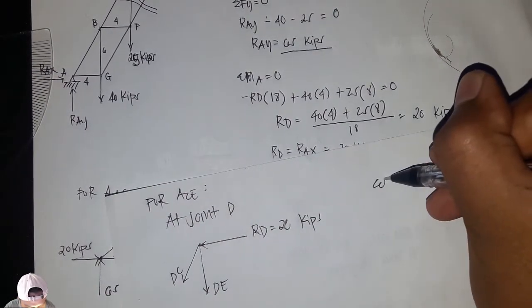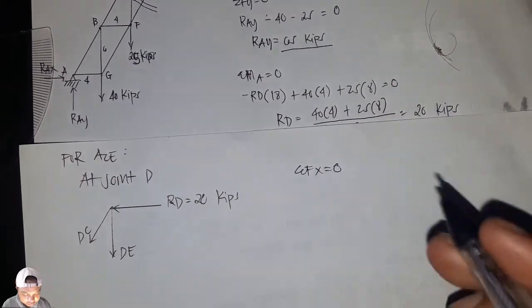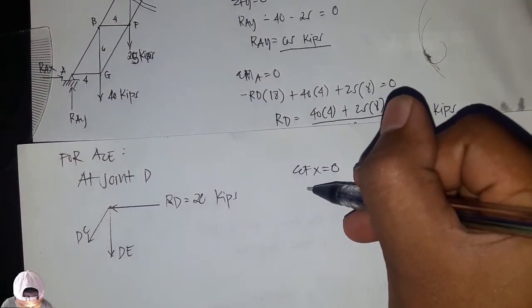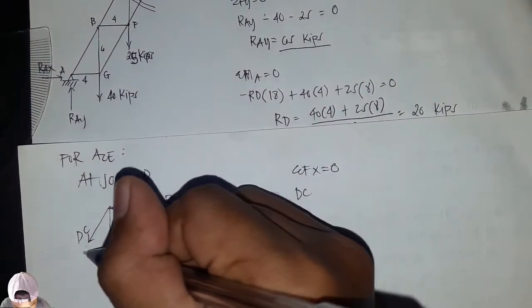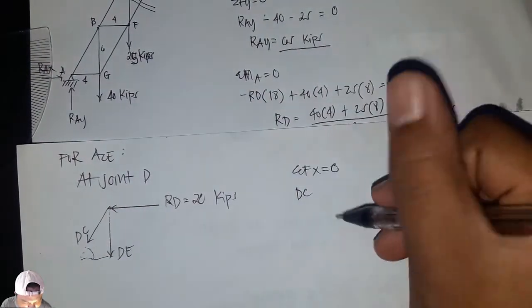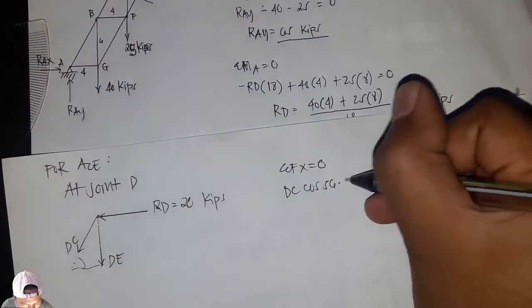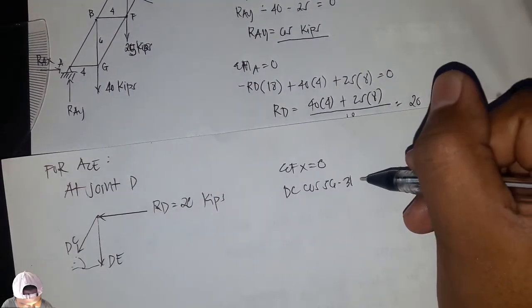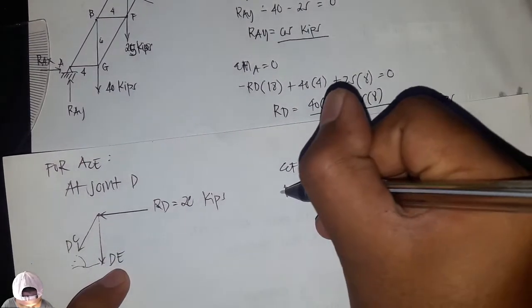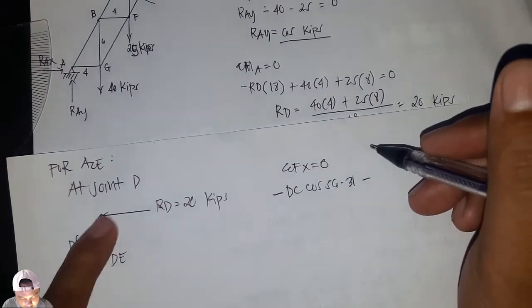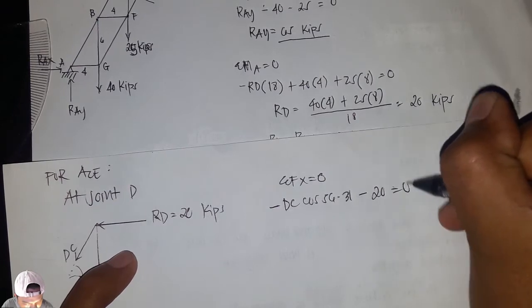So summation of forces X equals 0. We have DC, and there's an angle here, the same angle still. So cosine of 56.31 degrees. It's negative, since it's going to the left, and 20 kips equals 0.